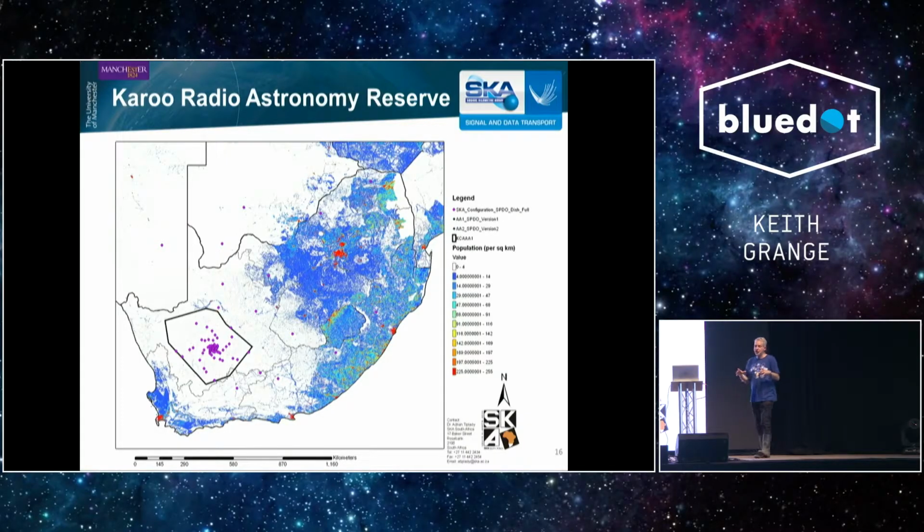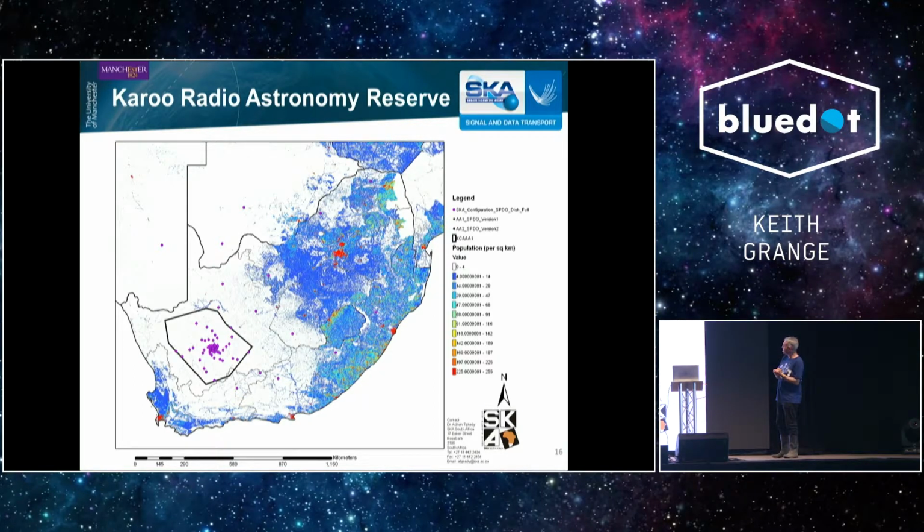The reason that we're putting these telescopes in those two locations is to get away from people, basically, and in particular from the radio frequency interference from things like microwave ovens, mobile phones, arc welders, whatever. And so we want to go to a very, very quiet site.